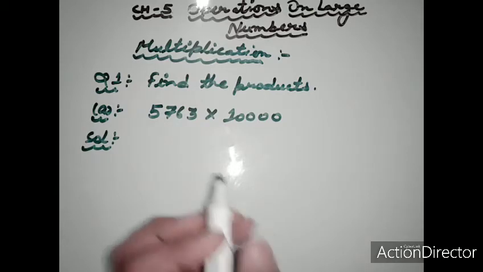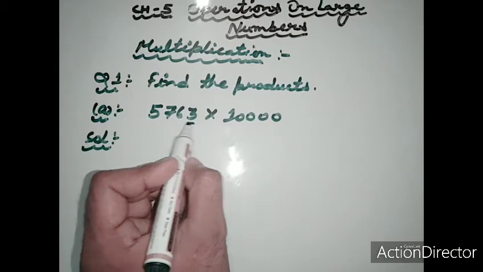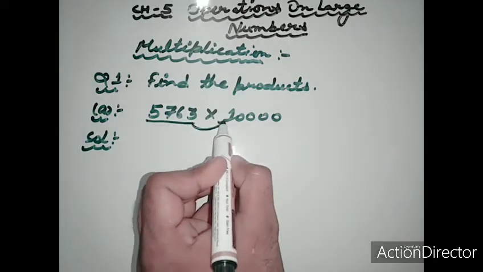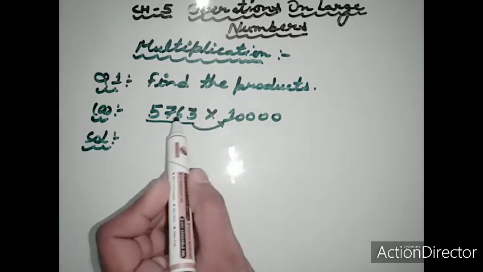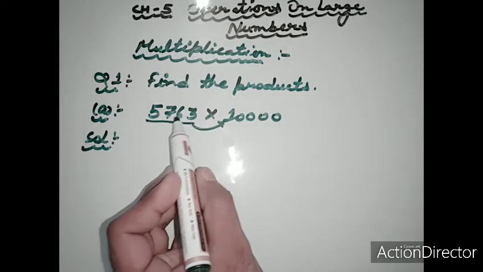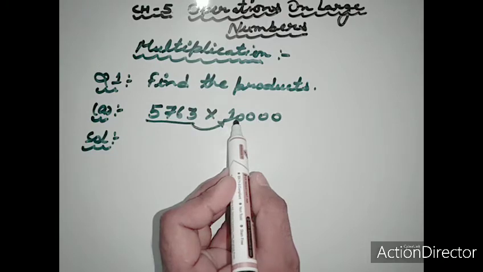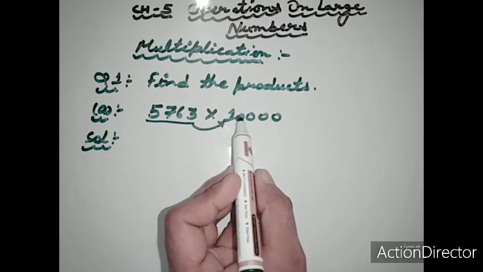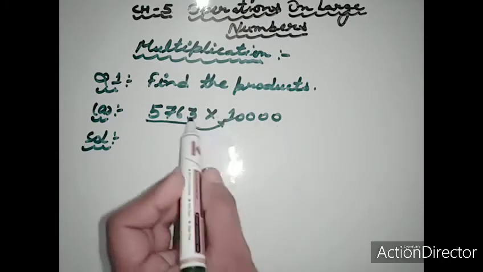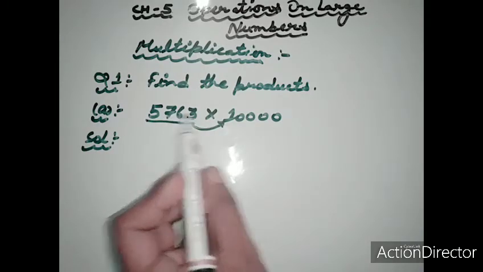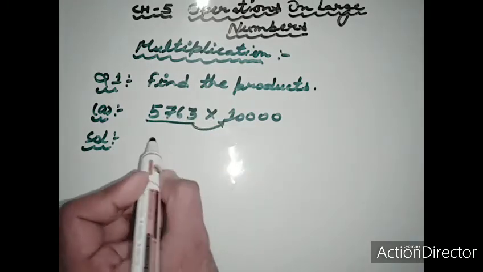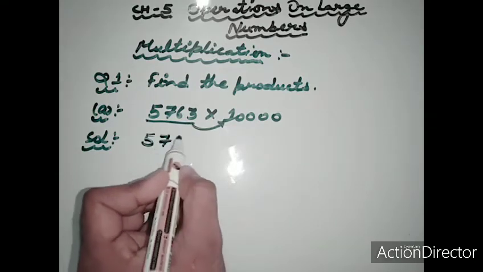So what we do here, we multiply this number by 1, right? And after that we get the product of these two numbers, 5763 and 1. Then we put the total zeros after the product of these two numbers. So if we multiply any number by 1, we get the same number here, 5763.